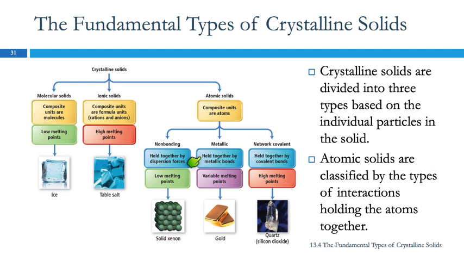So metals are going to have a variable melting point. Some melt at very low temperatures, like mercury is a liquid at room temperature, but some of them melt at very, very high temperatures. So that varies a lot.